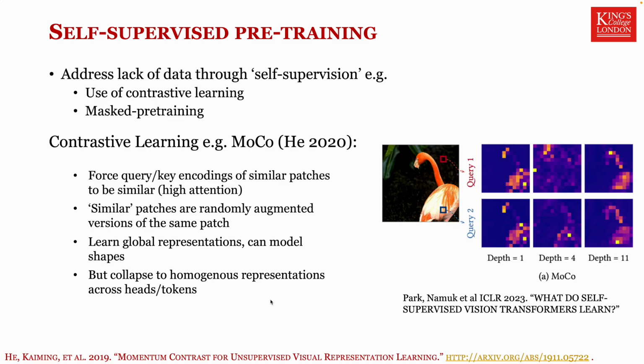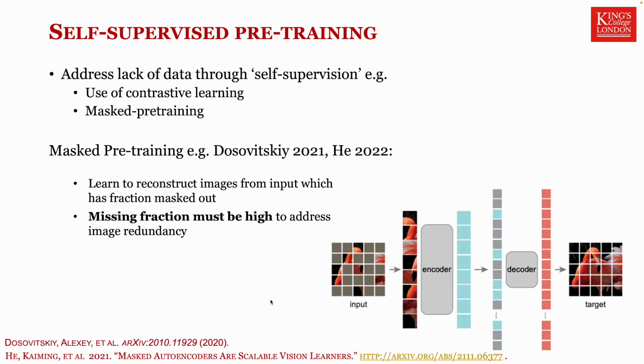It was found that it helped learn global representations, but later papers suggested that this type of self-supervision would collapse to homogeneous representations across different layers and heads. For these reasons, the masked autoencoder was then suggested in 2022. The idea here is very simple.